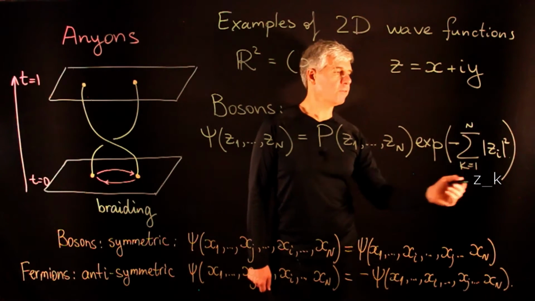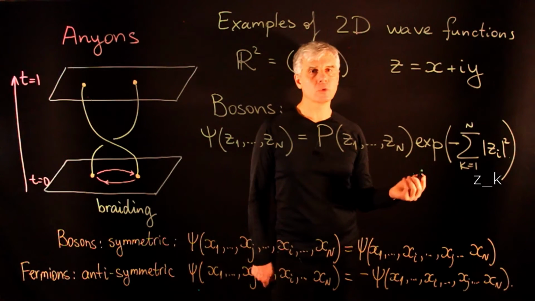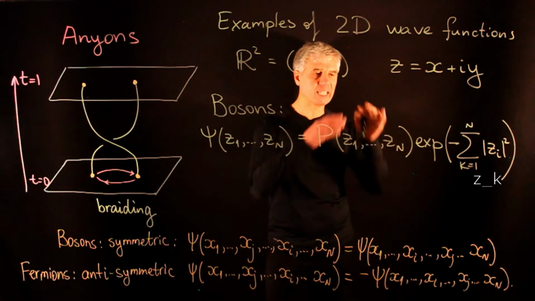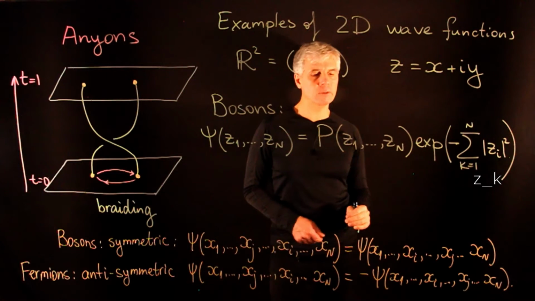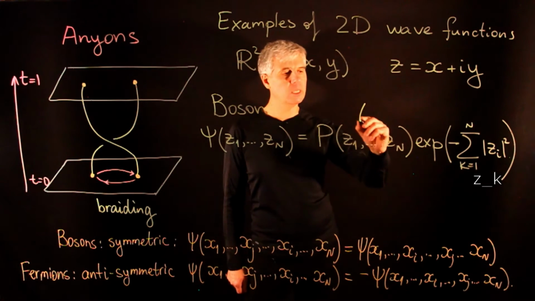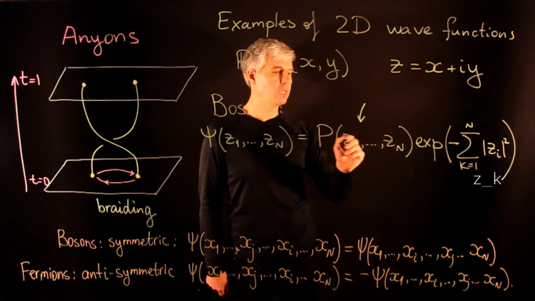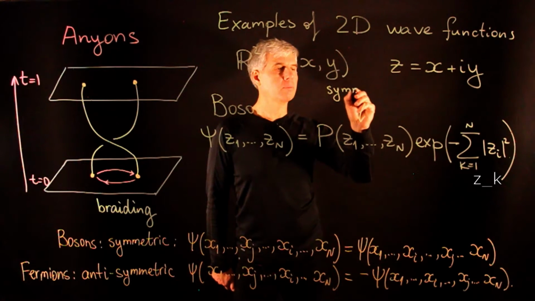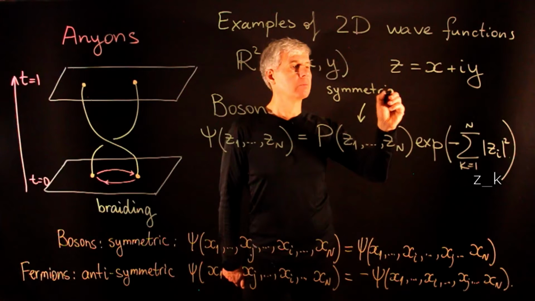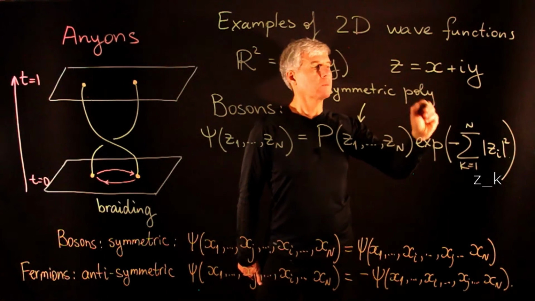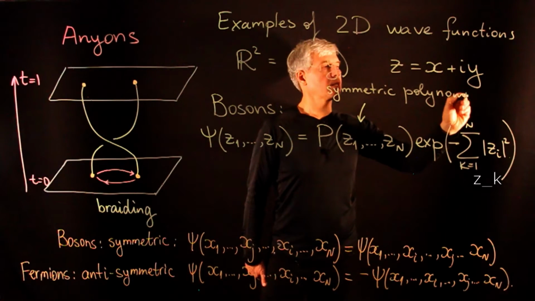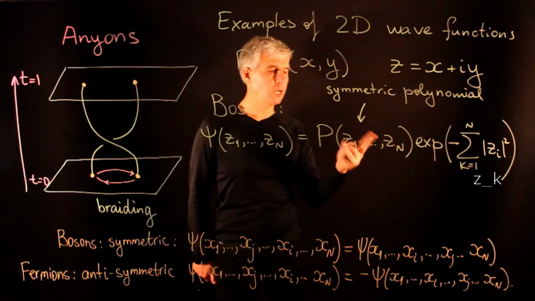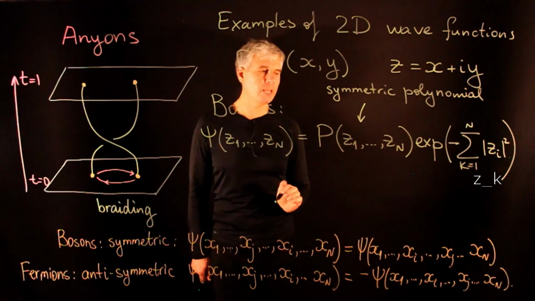This exponential factor is inserted to ensure that the wave function decays fast enough at infinity. And here p of z1 through zn will be a symmetric polynomial, a polynomial which is not changed under the permutation of variables.